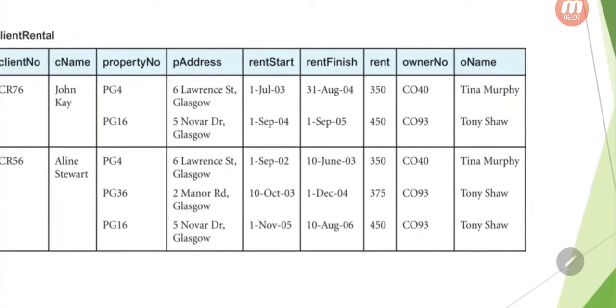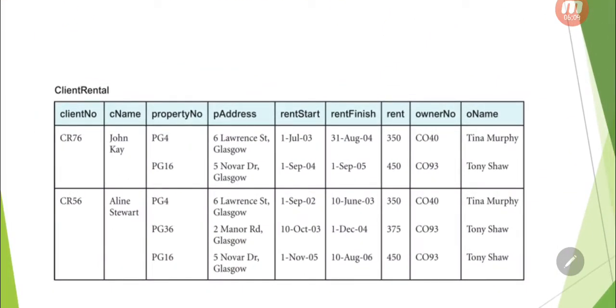We convert it into one big table with 9 attributes: client number, client name, property number, property address, rent start, rent finish, rent, owner number, and owner name. Here we have two clients, CR76 and CR56. CR76 rents 2 properties, while CR56 rents 3 properties.